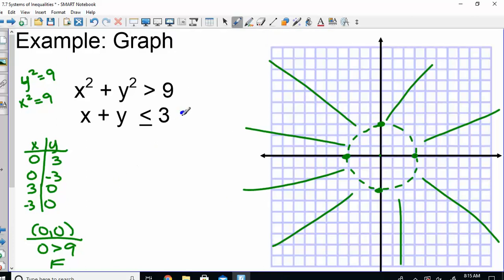Okay. What's the second equation? That's linear, so we could just subtract our x. So y-intercept is 3, slope is -1, so down 1 over 1. Solid or dashed? It has an equal to.